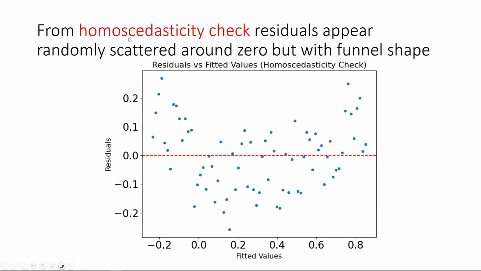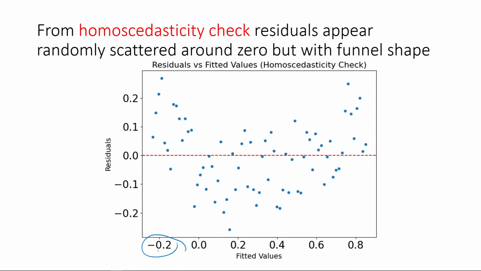But anyway, we can check the other one, homoscedasticity, whether this data has constant variance, and you don't see this funny thing where the variance is increasing as the fitted value increases, which is the temperature anomaly.